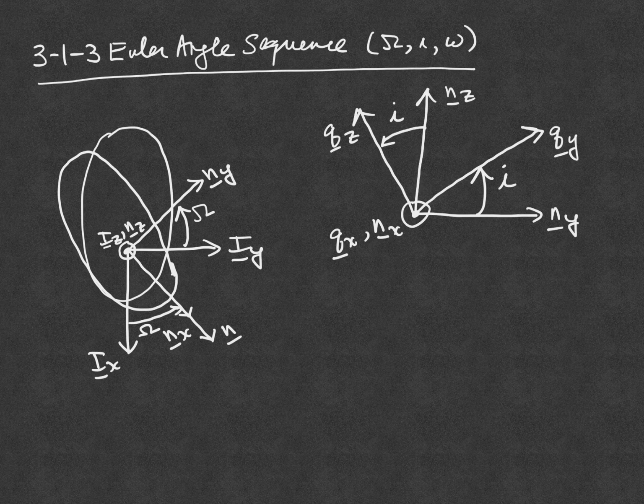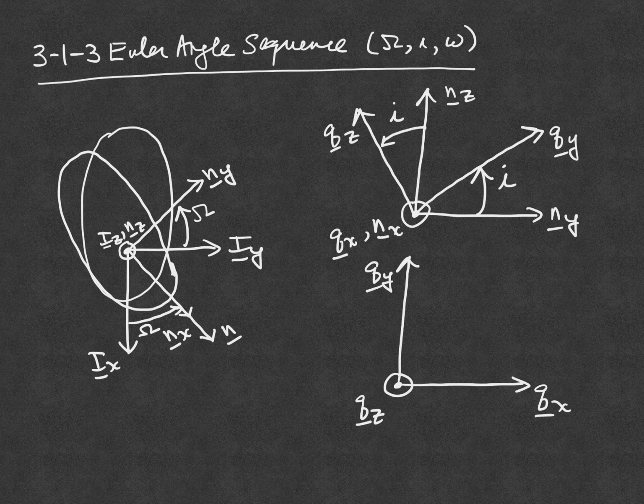Now, the third rotation is a 3 rotation again, so it's got to be about qz. So the third rotation, if I draw it here, here's qz. Now, in order to be able to preserve this rotation properly, this direction is going to be qx, and then this direction is going to be qy, because qz crossed with qx is qy.